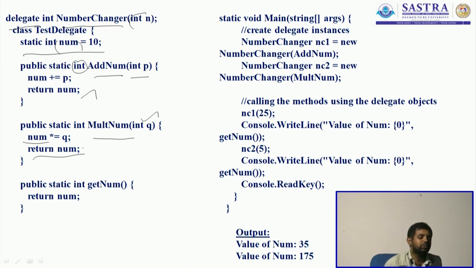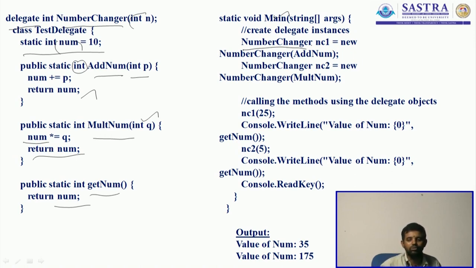right? So if you simply call this method called get num, it is going to return the value called num. Whatever value is residing in num can be obtained. When you go to the main function, we are supposed to create an instance for the delegate, which is nothing but number changer.